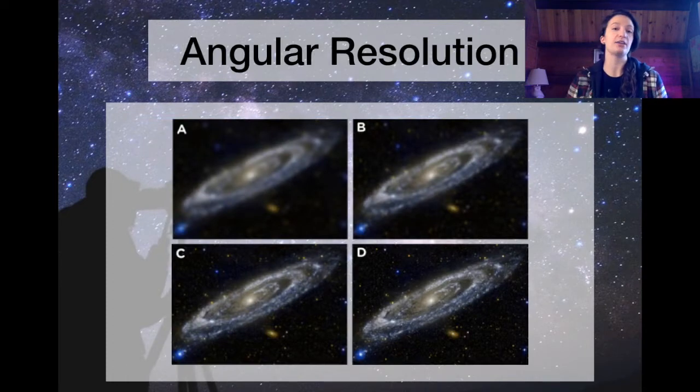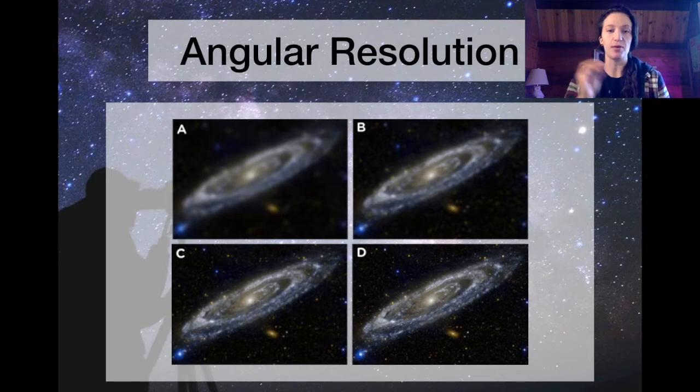Next, I want to go over angular resolution. Angular resolution is how small of a detail you can resolve or that you can see clearly. So in this picture, A is your lowest or your worst angular resolution, and D is the best angular resolution. Now, the key here is that angular resolution is how small of a detail you can resolve.